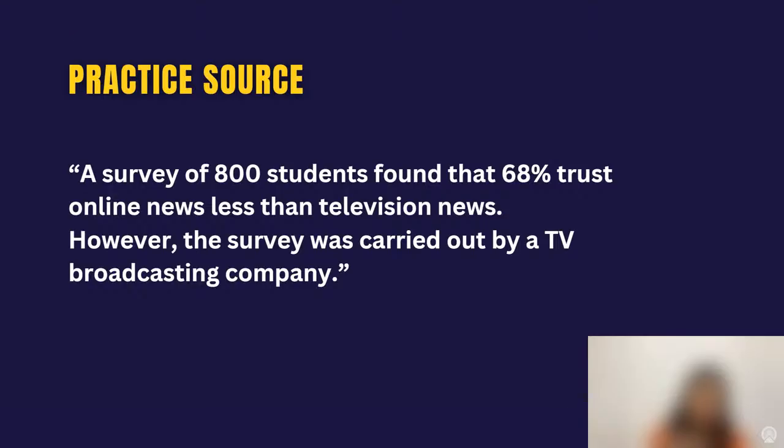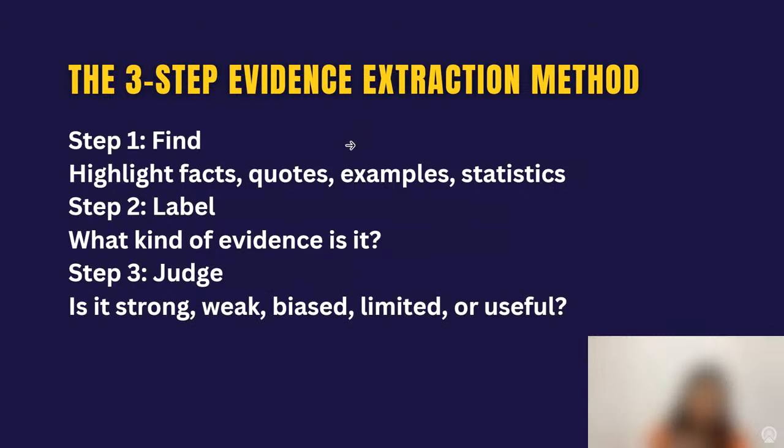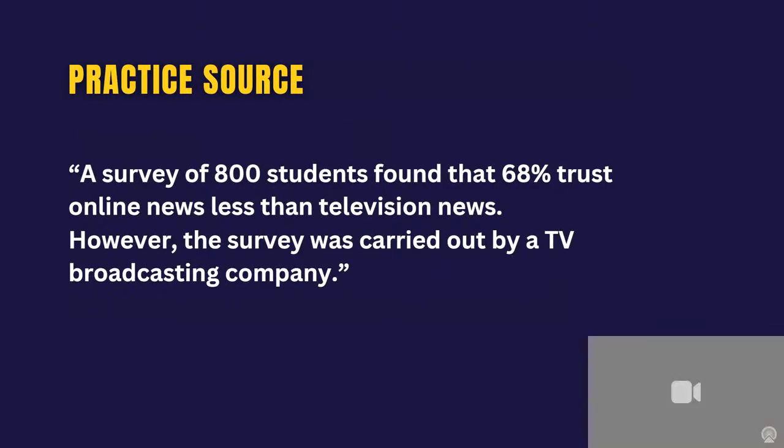Okay, so now I am going to give you some time to use this strategy for this practice source. A survey of 800 students found that 68% trust online news less than television news. However, the survey was carried out by a TV broadcasting company.